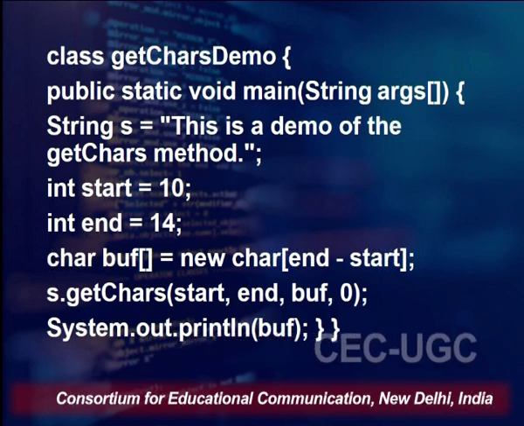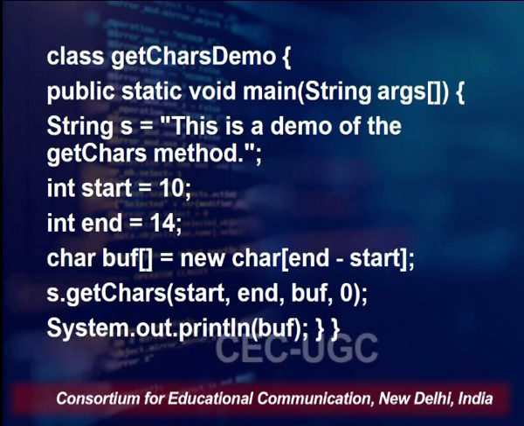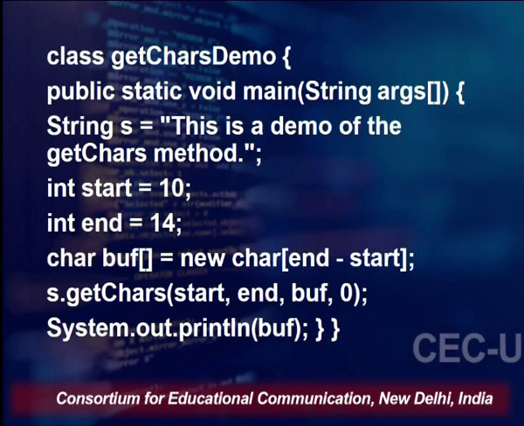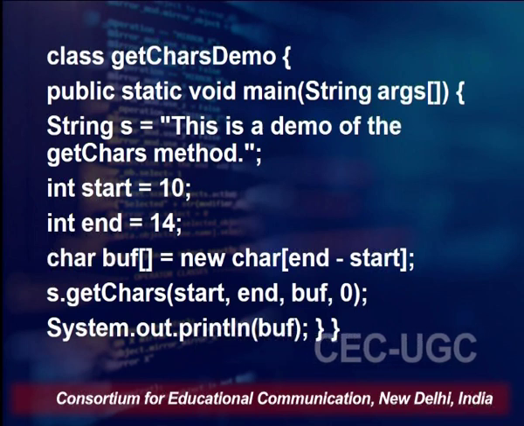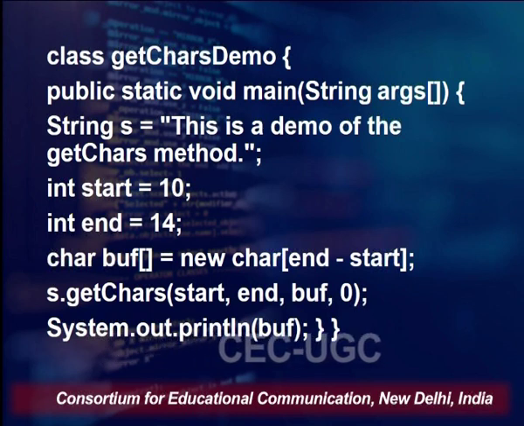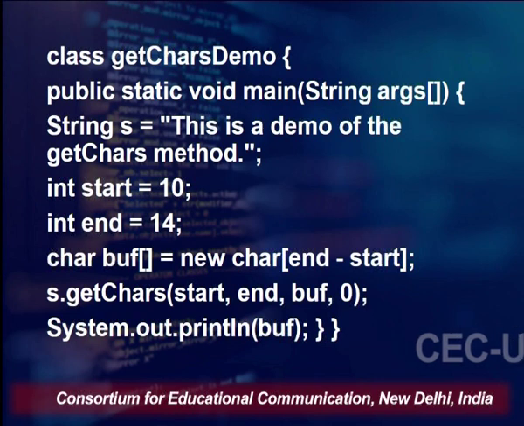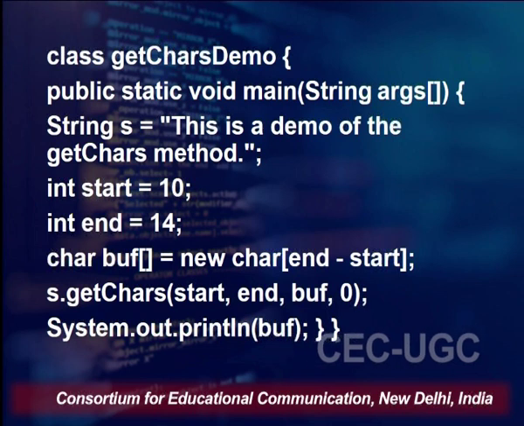So end is 14 minus start is 10, which makes the size of that character array 4. When we use getChars, it becomes s dot getChars starting from the 10th character, and we will go till 14 minus 1. This whole thing will be stored in the array buff, starting from the 0th position in buff, and then finally we print the value of buff.